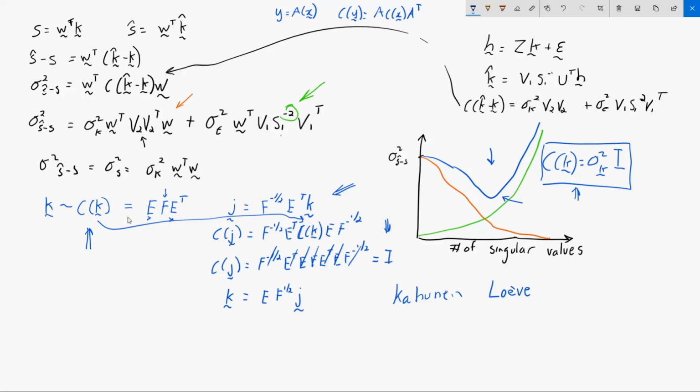So singular value decomposition is very powerful in terms of the insights it gives us, in terms of the ability to solve an inverse problem with the inversion of a matrix that's guaranteed to be invertible. However, its Achilles heel is the fact that to claim that I have actually reached the point of minimum error variance here, I need to know C_k.